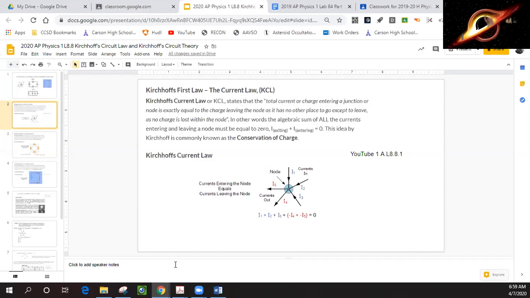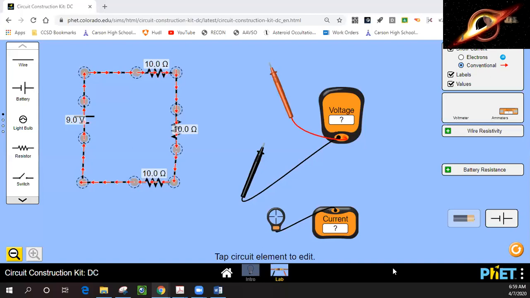So here we have a series circuit. Here's a 9-volt battery, a resistor, and a resistor. Let's annotate this. We'll call this resistor 1, this resistor 2, and this resistor 3.